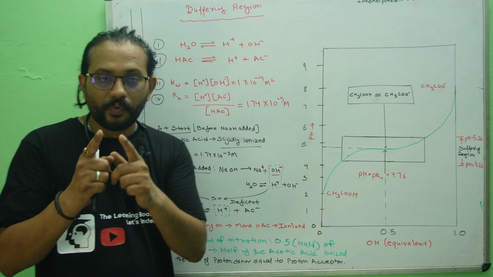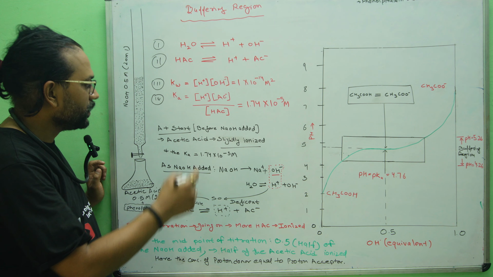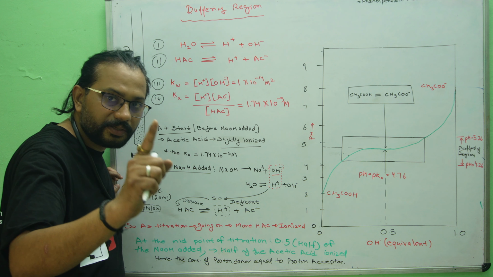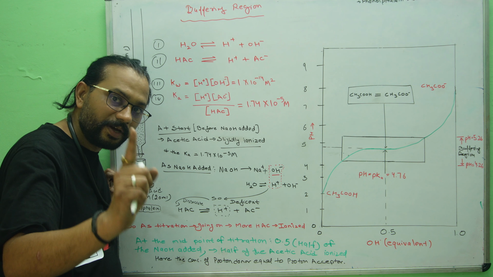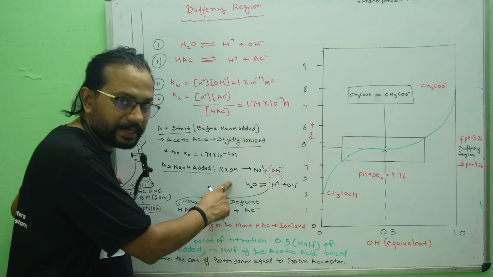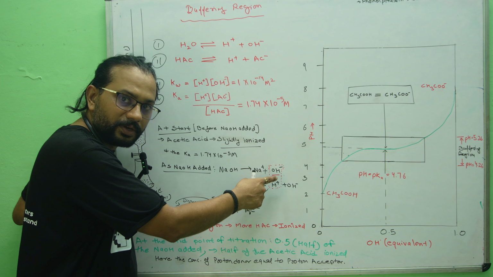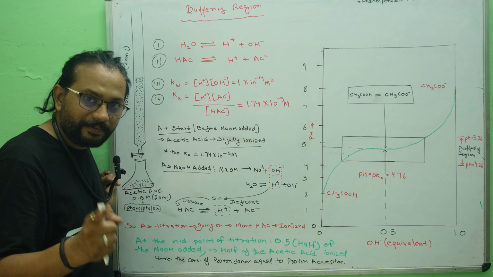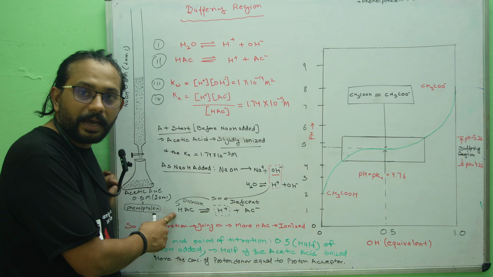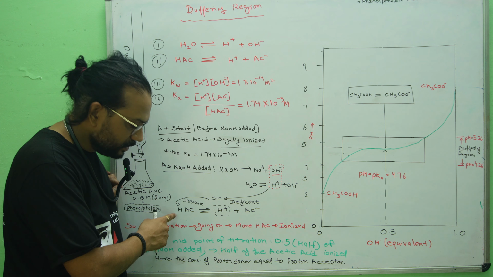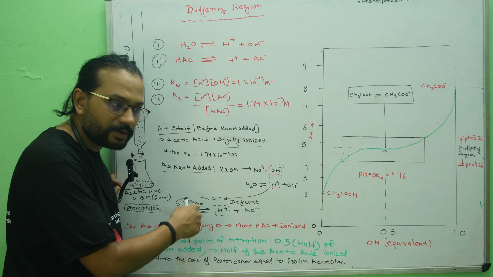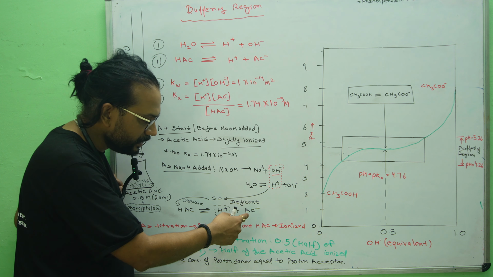Now when I say addition of NaOH, if one molecule of NaOH is added, it gives Na positive and OH negative. Similarly, one molecule of acetic acid dissociates or ionizes into H positive and Ac negative.